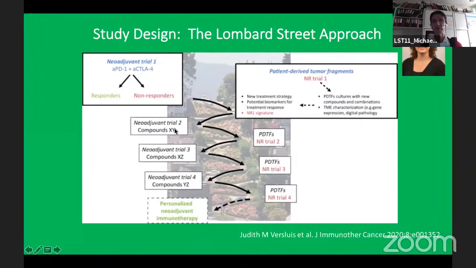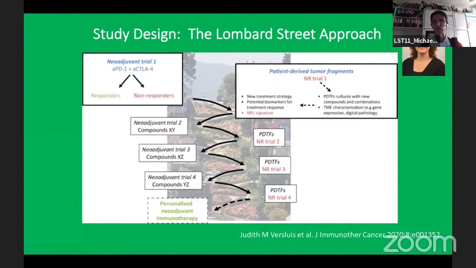Again, you have some responders, who are fine now, and some non-responders, where you do the next thing. This trial concept she called the Lombard Street, after the San Francisco road. Basically, you ideally combine the clinical need of one cohort of patients with personalized short-term cultures.